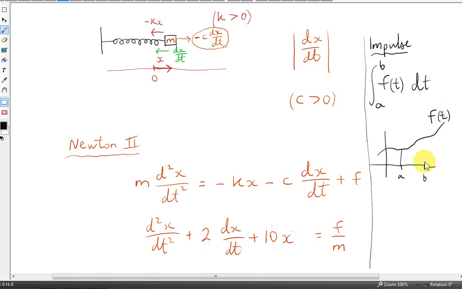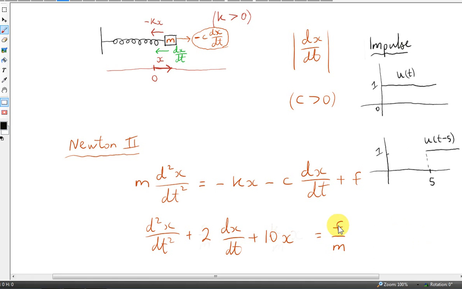Then the impulse over the time interval a to b is just this area here. Now we will deal with a force that is constant, so we don't even have to perform an integral. So in our situation we will be dealing with a constant force, which I will call F, and it's acting over, say, time interval a to b. So we just have the area of this rectangle.